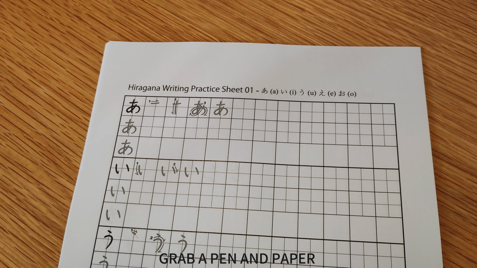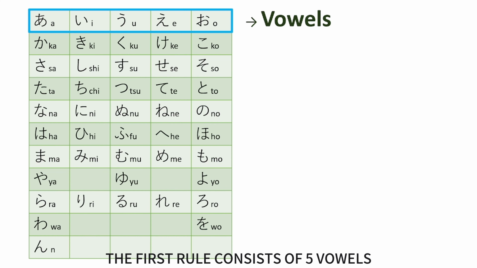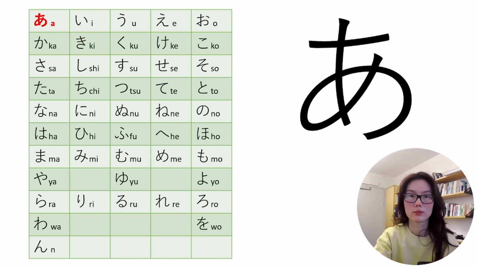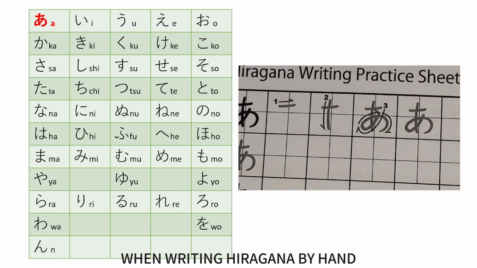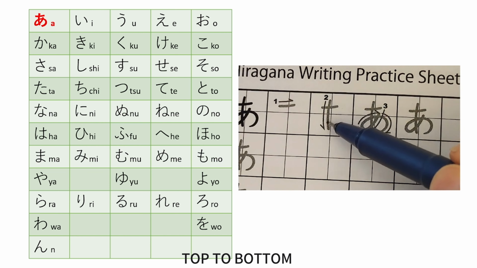Alright, grab a pen and paper. Let's get started. The first row consists of 5 vowels. Yes, there are only 5 vowels in Japanese. The first vowel, a. When writing hiragana by hand, it's usually from left to right, top to bottom, clockwise.